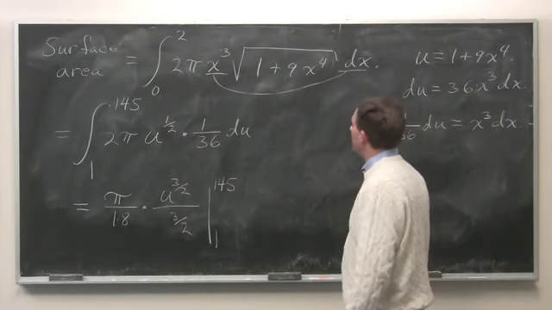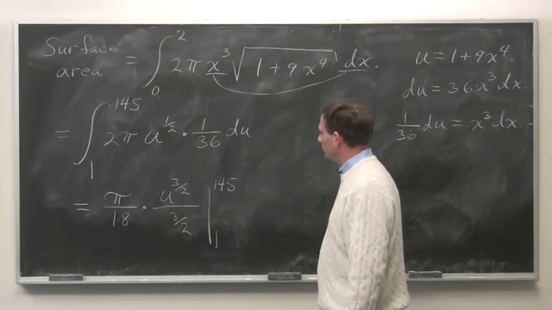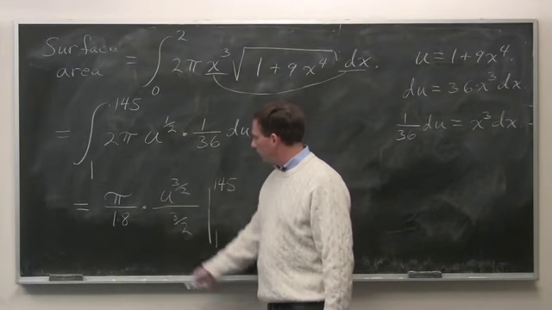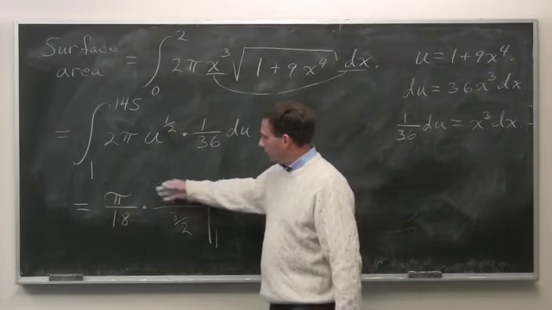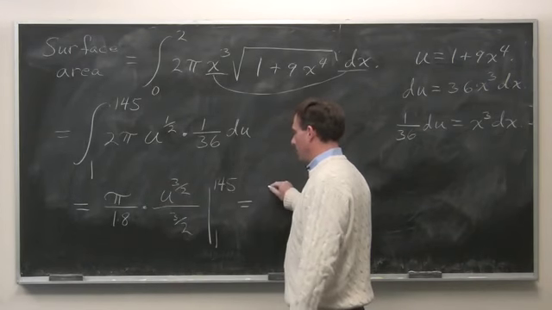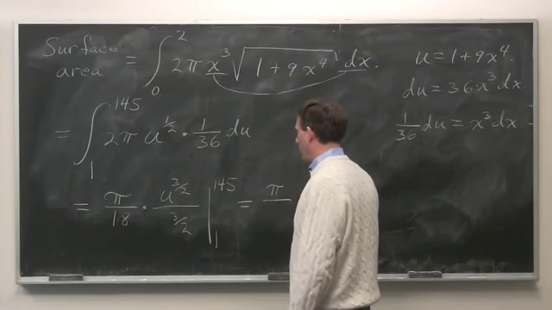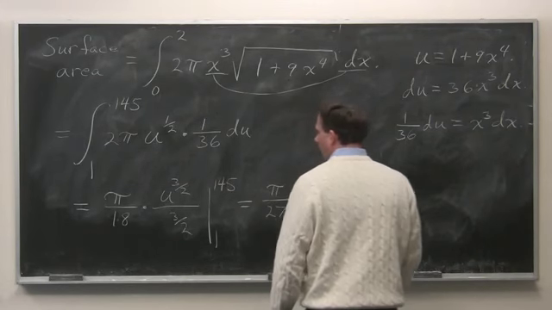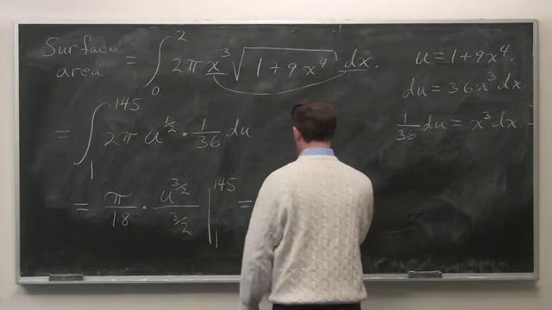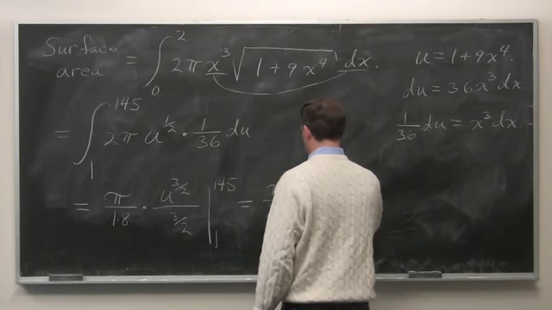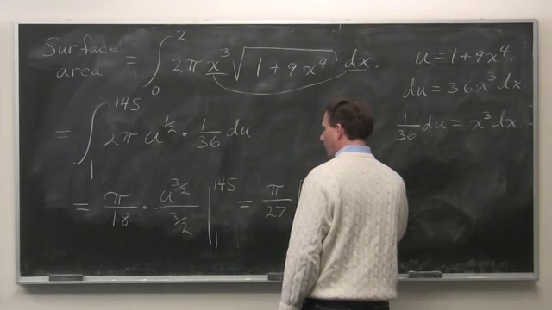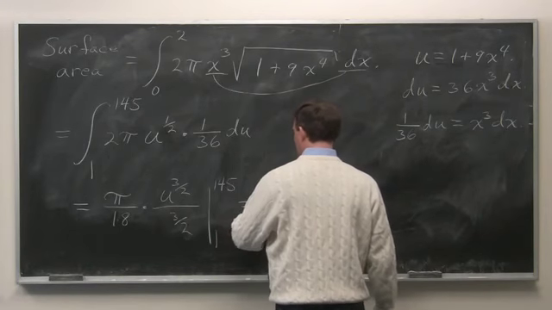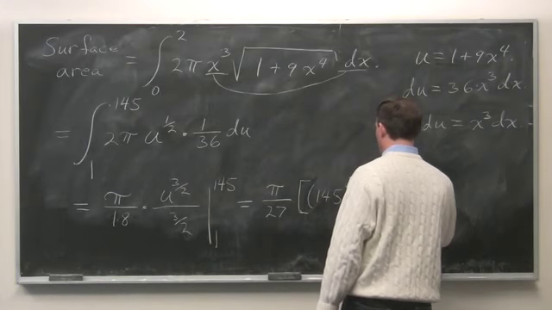So what do you get? You invert this and you multiply, and you get pi over 27 times 145 to the 3/2, and then minus what you get at 1, which is again 1.